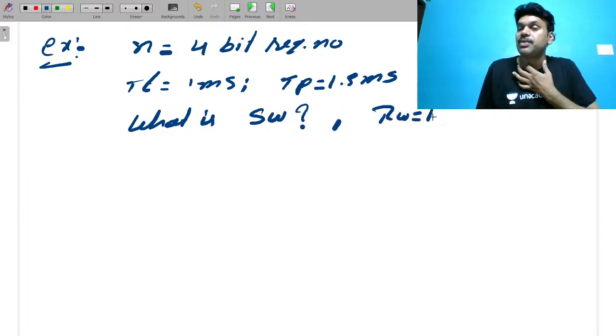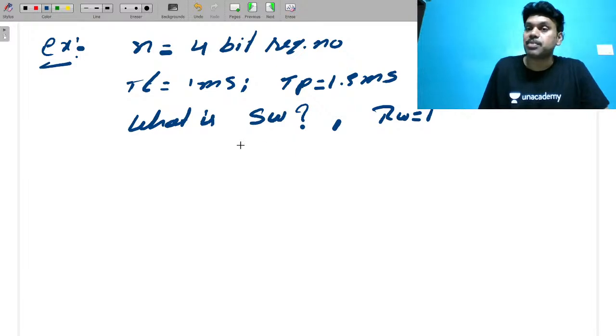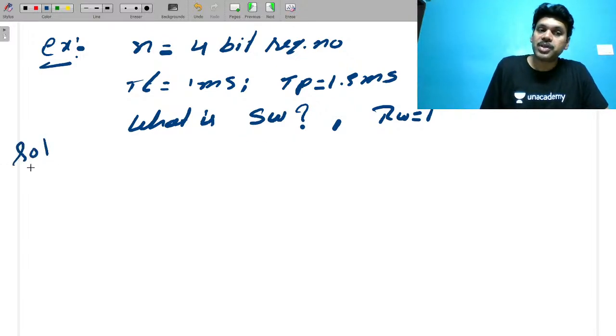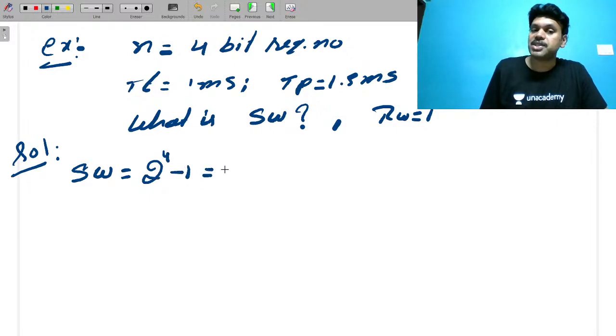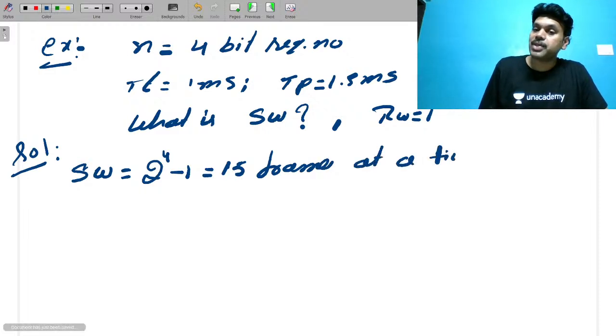We are worried only about the sender window size. Let me tell you the solution. So your sender window size is 2 power 4 minus 1, which is nothing but 15 frames at a time I can send. Can I send? So can I send or not?